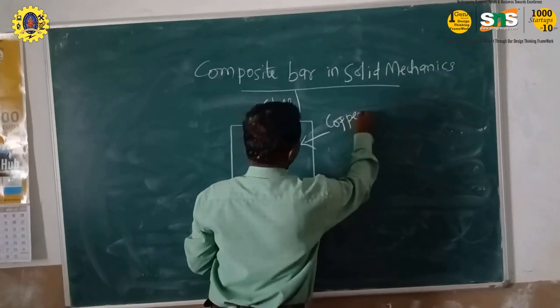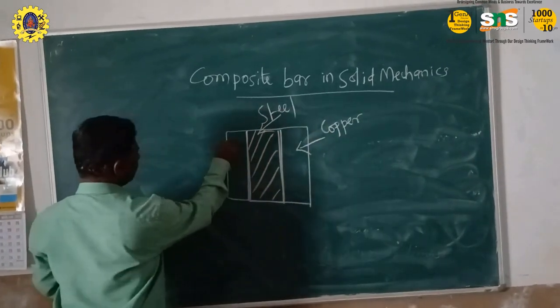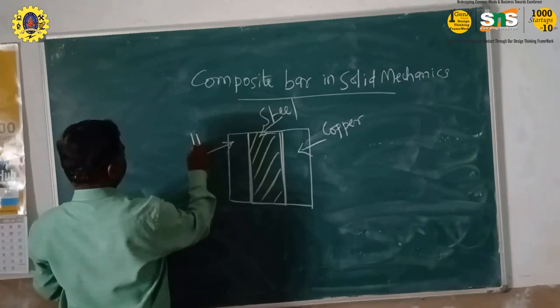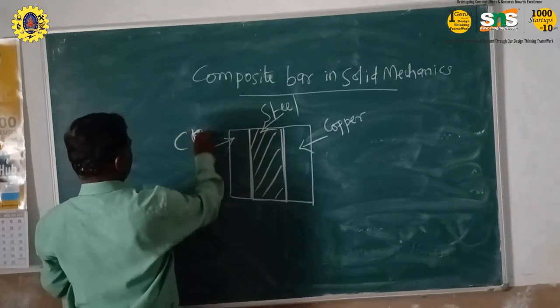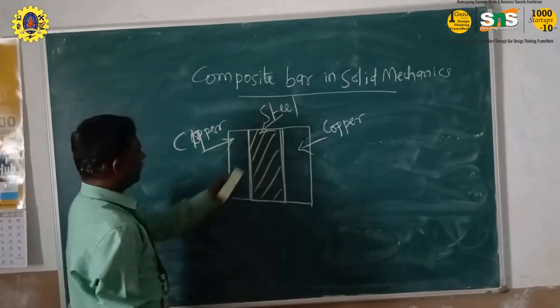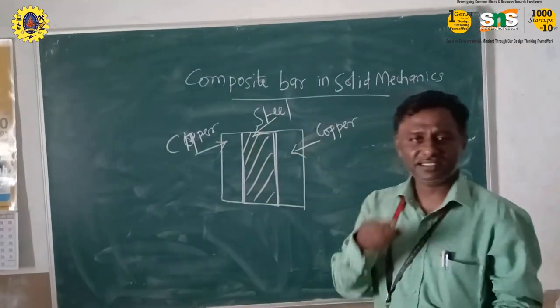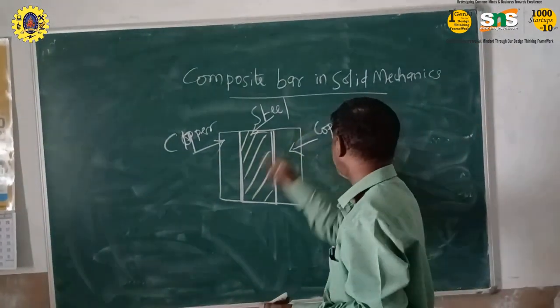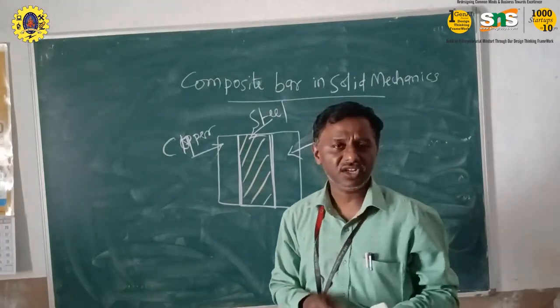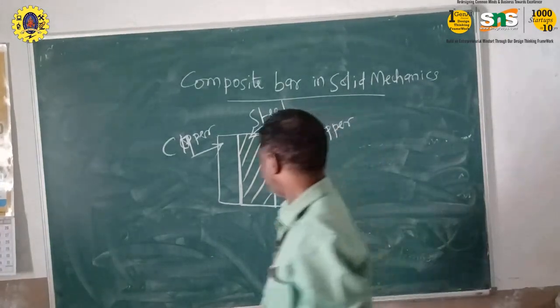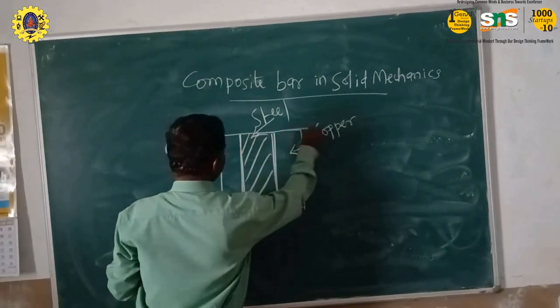Let's take the copper as a tube. This is also copper. So the steel is inserted inside the outer copper tube, and then they are fastened together.